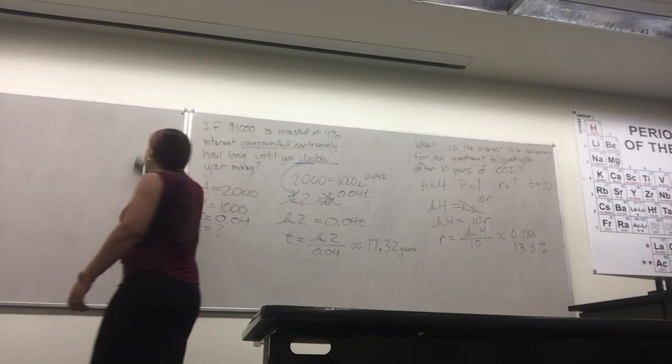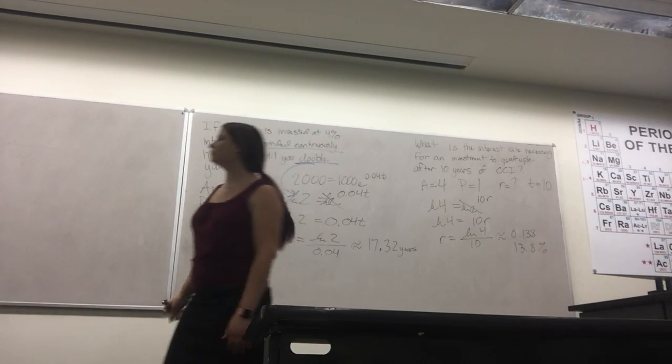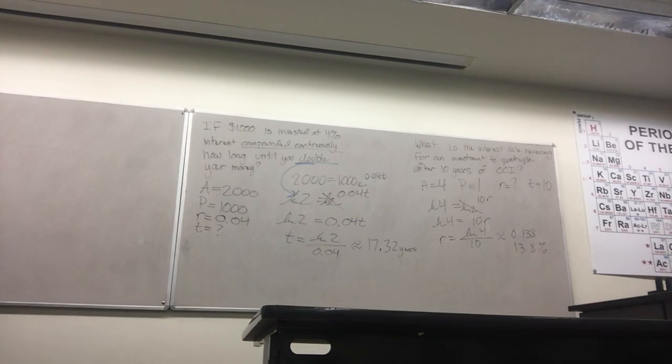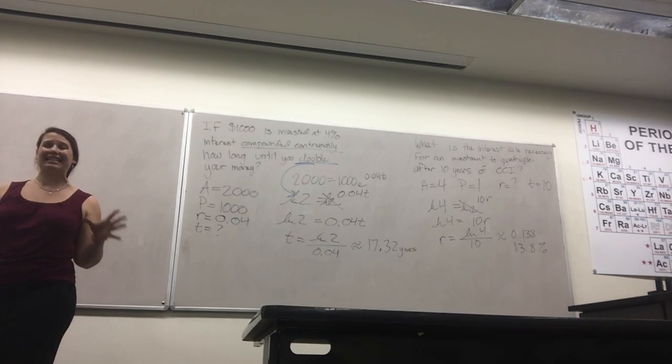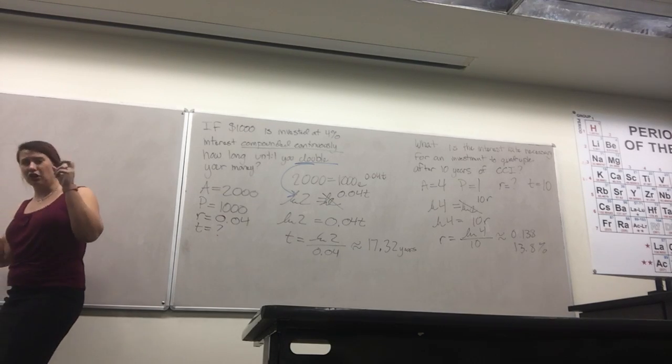When we have these types of equations, where you know the initial, you know what it went to, you know the years, you don't know the rate, and then you're asked what it is in an additional time frame, it's easiest to set up kind of like a chart.